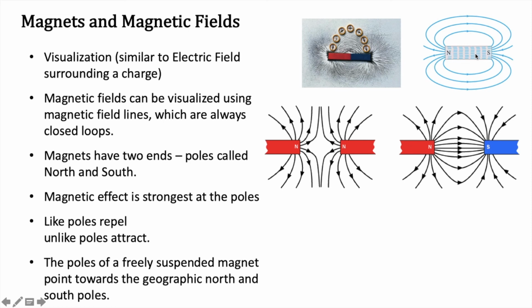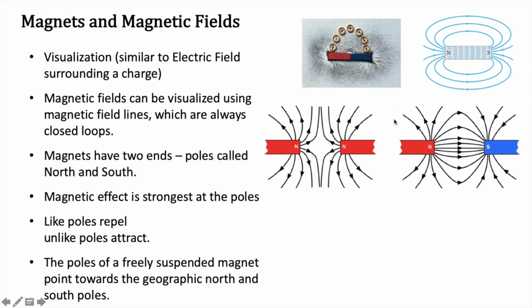And just looking at the bar magnet itself, the magnetic field lines will continue inside of the magnet and always form a loop. Okay, so magnetic field lines always form a loop. However, that's not the case for the electric charges.